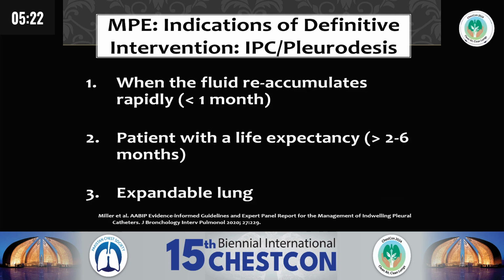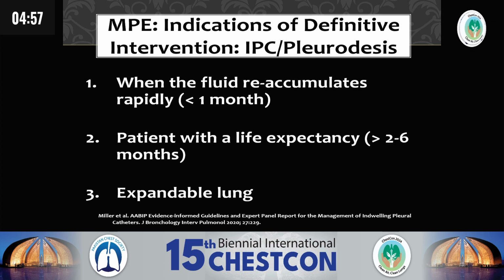So when the fluid reaccumulates rapidly, the patient has a better life expectancy, and the lung is expandable, we are left with 2 options. Either we should insert a chest drain. This is the patient who is accurately diagnosed with malignant pleural effusion, and the primary malignancy is well known. Then you can consider either pleurodesis or an indwelling pleural catheter.